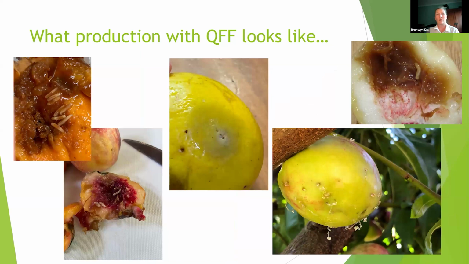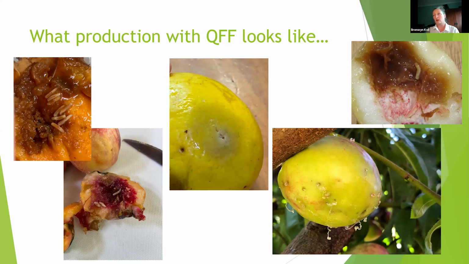And here's some more typical damage of Queensland fruit fly. You can see rotting peaches, rotting lemons. And the really interesting one on this page is actually a nectarine. It's in Mildura and it's been stung repeatedly by Queensland fruit fly, and it's released its own gum to try and heal those wounds.